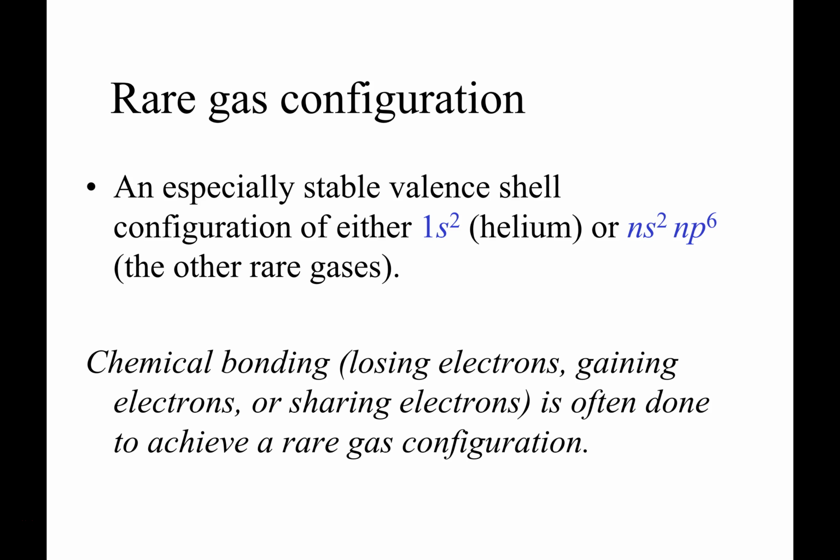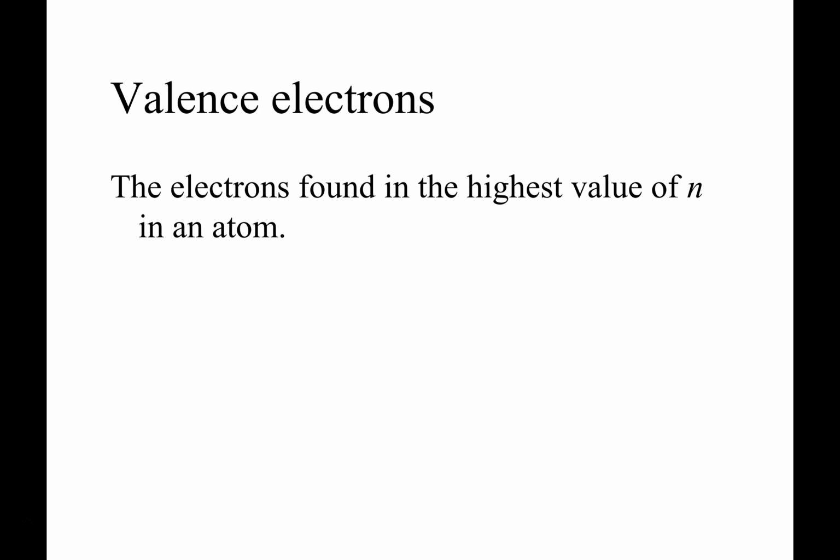Now remember that as elements pick up electrons to get the rare gas configuration, or if they're metals, they lose electrons to get the rare gas configuration of the rare gas in the period before them, the heart of the atom stays the same. The protons and the neutrons stay the same. Electrons come and go. But it's a very, very stable way electrons can be configured.